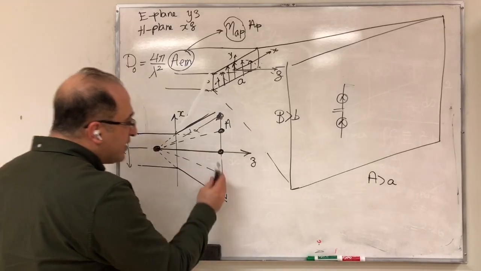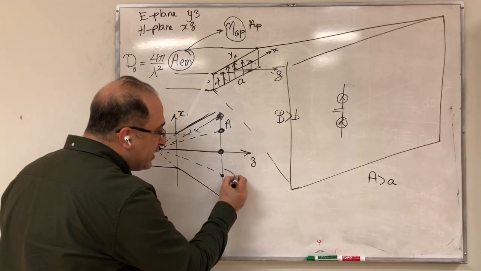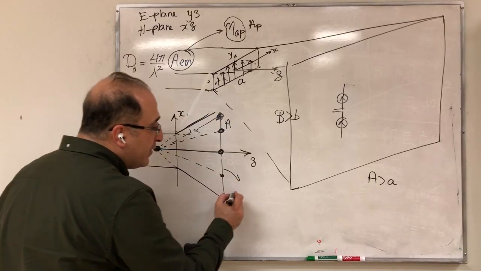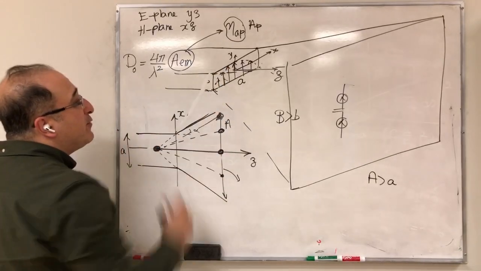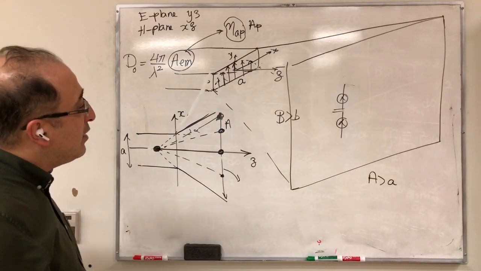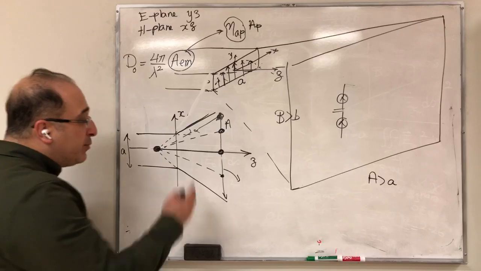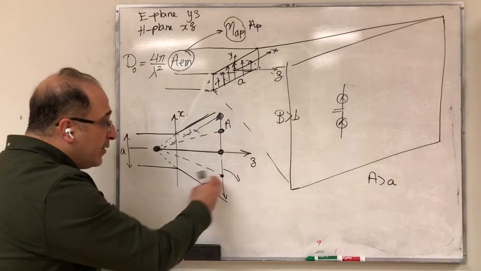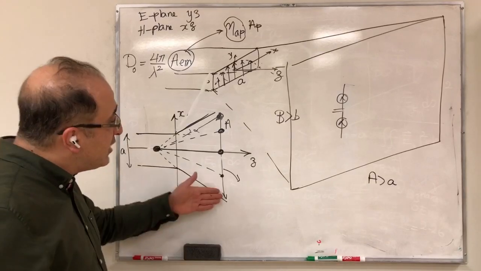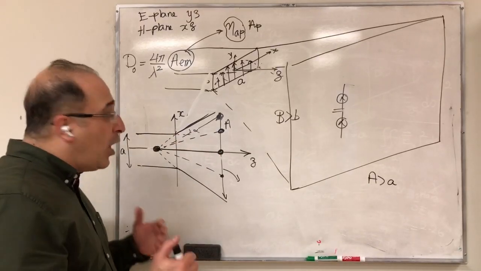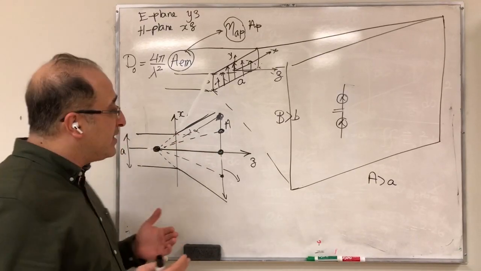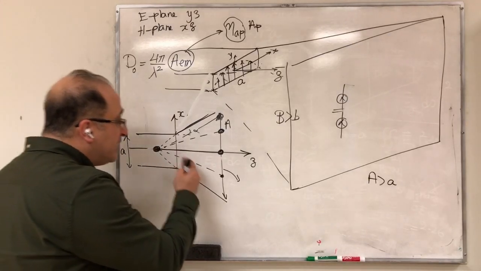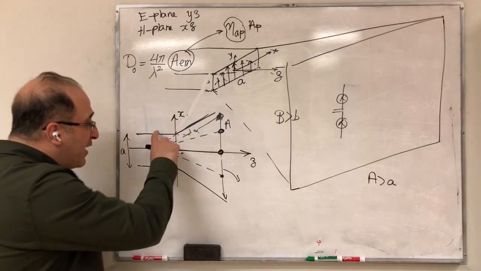So you end up with an electric field here which is not completely in phase, unlike the open-ended waveguide antenna. But although you're not going to be completely in phase here, you've gained an advantage that your aperture is larger. So of course there is a trade-off in how much in-phaseness you are ready to sacrifice for the bigger aperture.